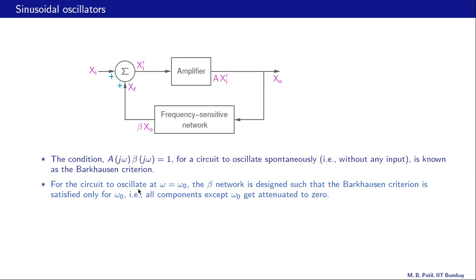For the circuit to oscillate at a certain frequency, omega equal to omega 0, the beta network, this network here, is designed such that the Barkhausen criterion is satisfied only for that specific frequency omega 0. That is, all other components except omega 0 will get attenuated to 0, and that is how we get purely a sinusoid at the output.